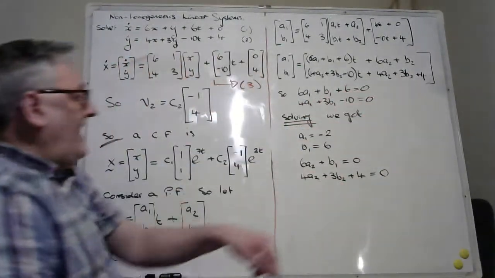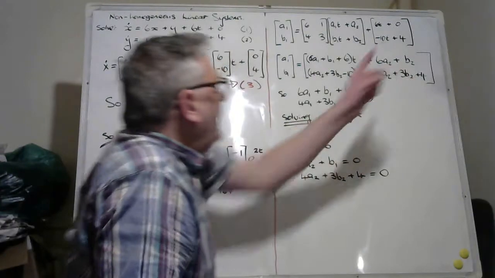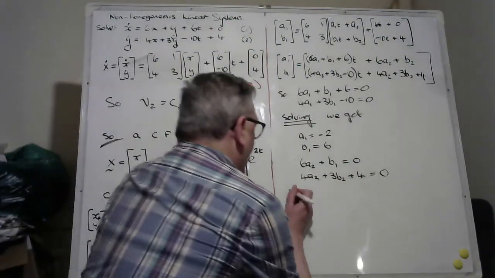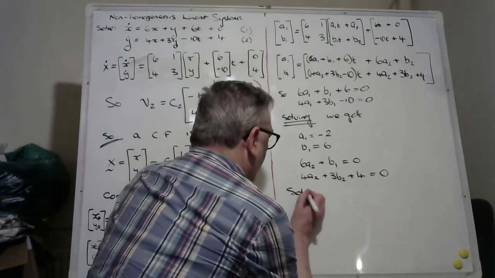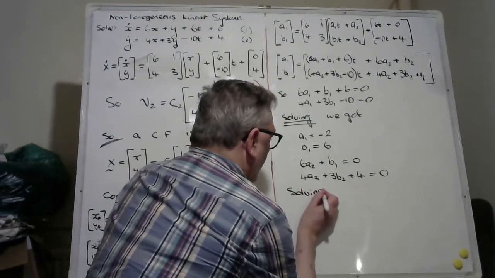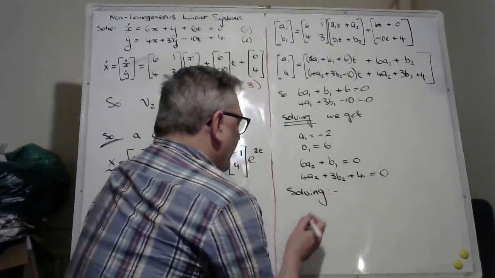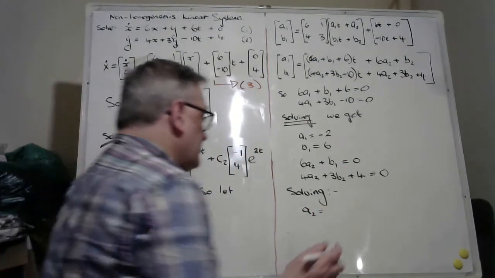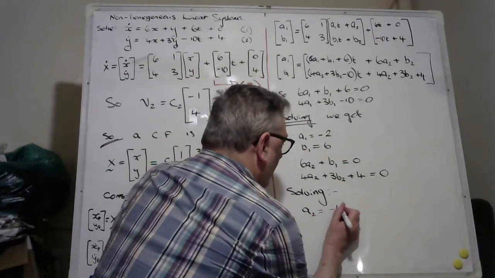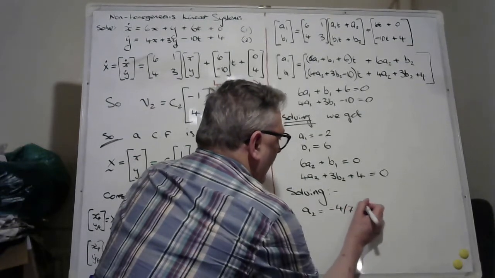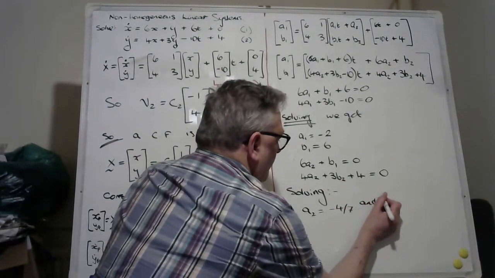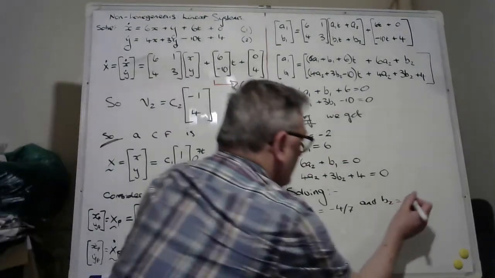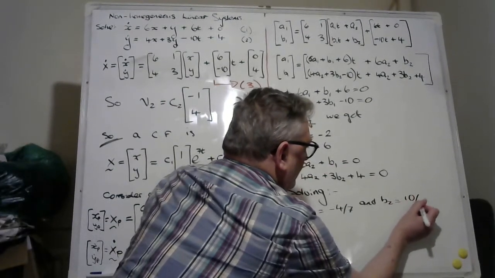So that's this bit up here. They all have to be equal to 0. So solving, we find that A2 is equal to minus 4 over 7 and B2 is equal to 10 over 7.